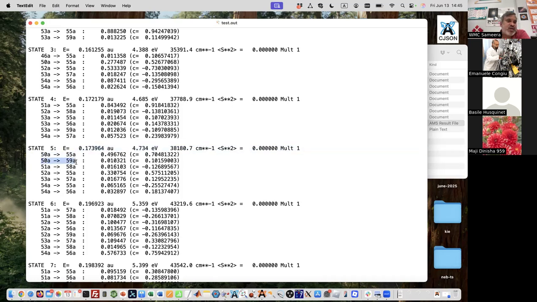So it's not only one orbital combination. It has 1, 2, 3, 4, 5, at least 6 occupied orbitals, and several unoccupied orbitals contribute to this. So it is really hard to interpret what kind of excitation is happening.